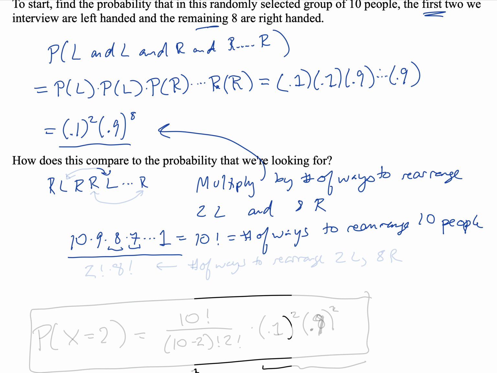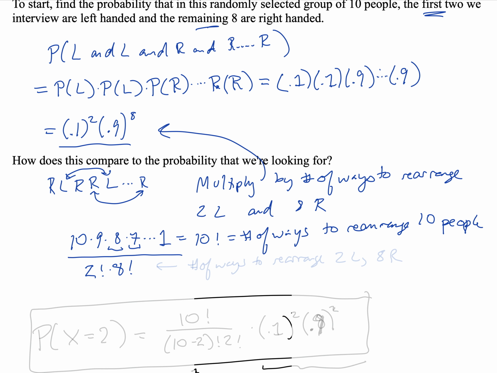So we're actually going to divide by the number of ways to rearrange our 2 left-handed people, because if these 2 people switch, we don't care. And we're also going to divide by the number of ways to rearrange those 8 right-handed people, because if those 2 people switch, we don't care. All we care about is, are they right-handed or left-handed?